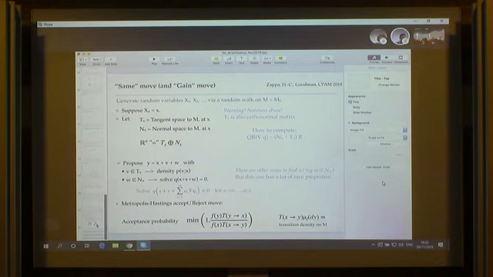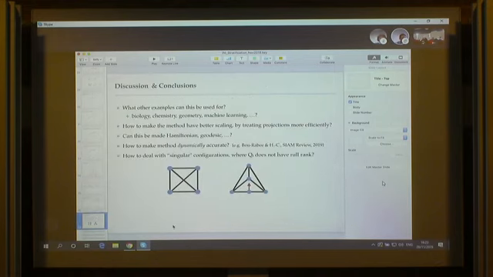If we're over time, I'm just going to skip everything then. So I'll skip to the end. I guess I have many questions. I'd like to learn about new examples where this kind of idea of adding and subtracting constraints can be used. How do we make it more efficient for larger n? How do we add in Hamiltonian or geodesic methods?